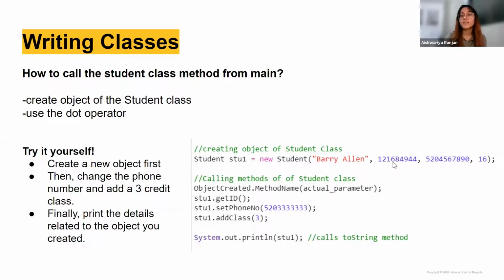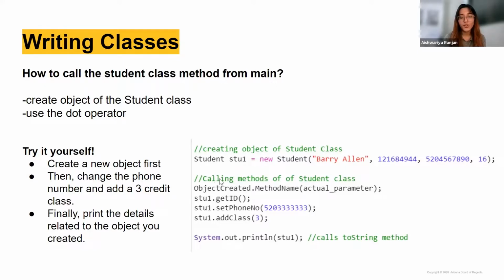So in that order, you have to create that object. For name, I have Barry Allen over here. I have student ID, some number. I have phone number, some number again. They are int, that's why. And total credits 16. Now I've created this object.